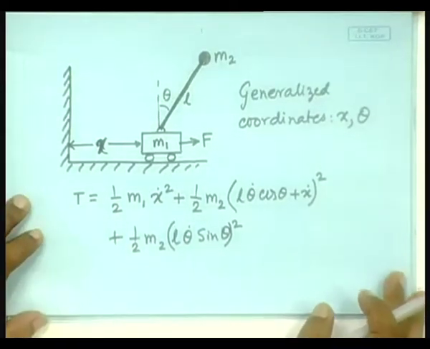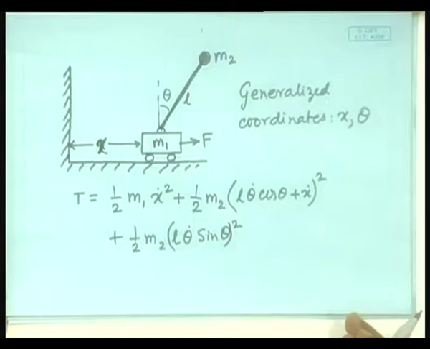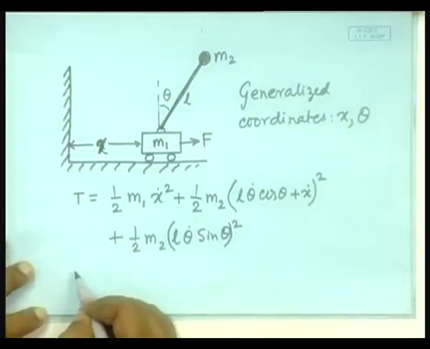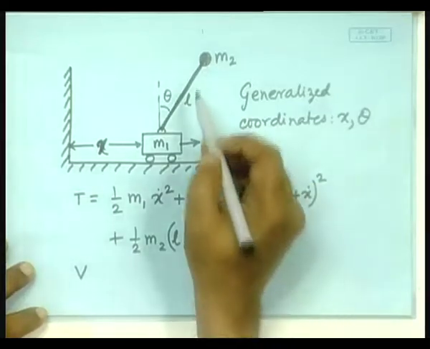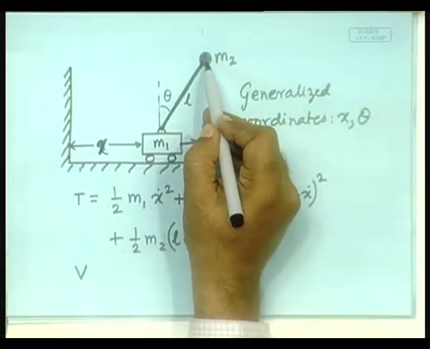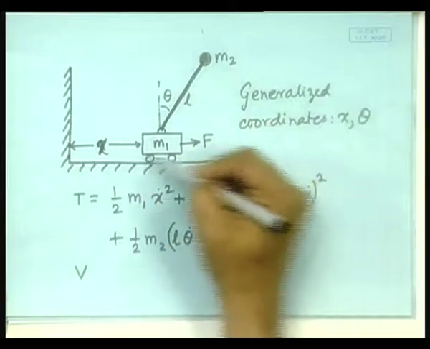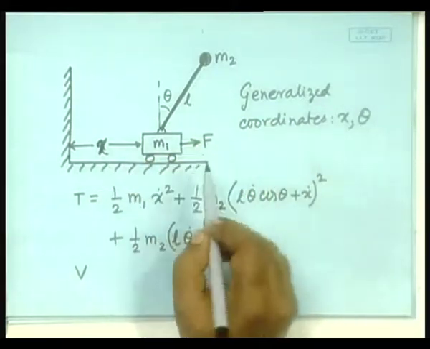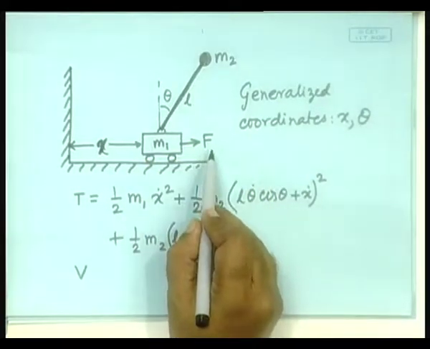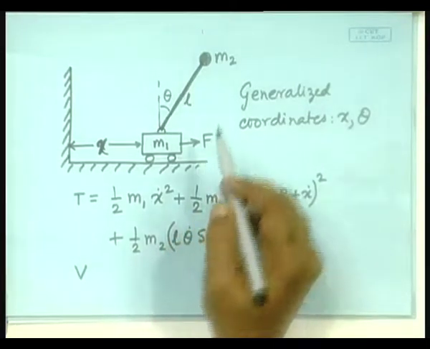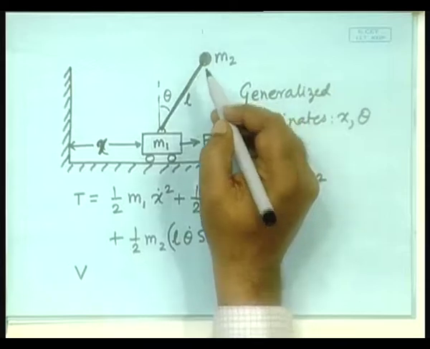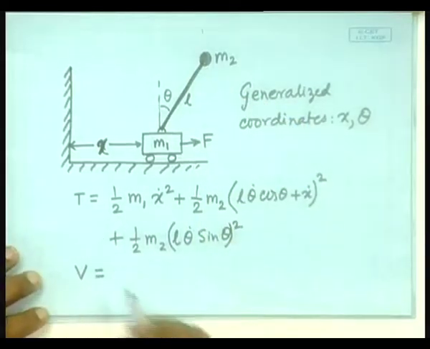Potential energy. There are two components. One, because of gravitational energy in M2; this does not have any gravitational energy, it moves horizontally. But there will also be another component of the potential due to F, fine. So, what will this quantity be?